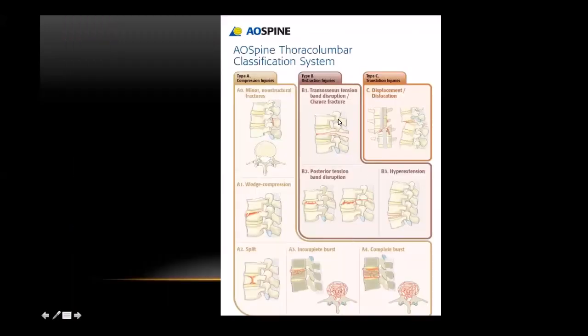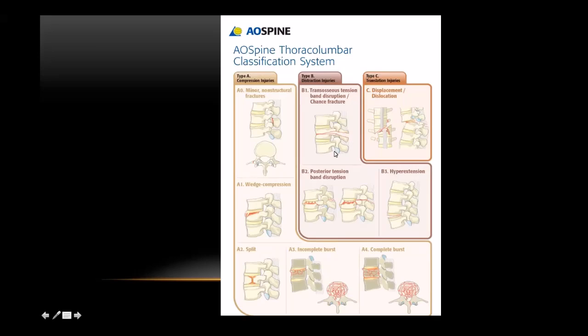AO Spine has 3 fracture subtypes: compression, distraction, and translation. Every subtype has further subgroups. A has A0, A1, A2, A3, A4, with A0 being a fracture of a spinous process, an isolated fracture, not the main component, and A4 being the burst fracture.